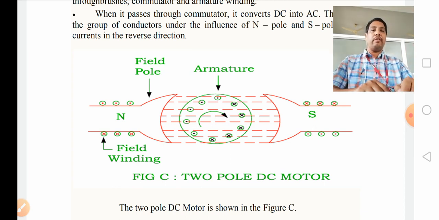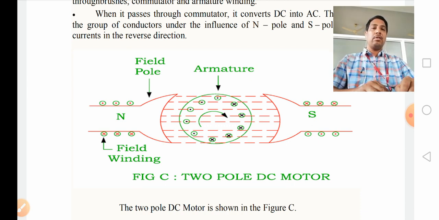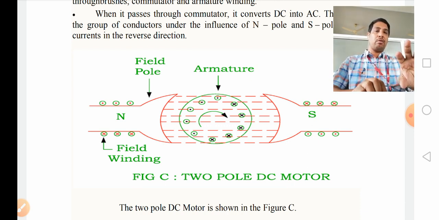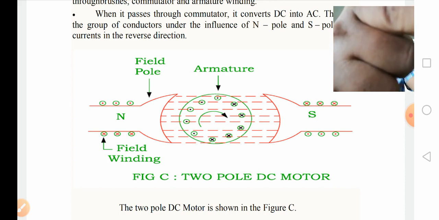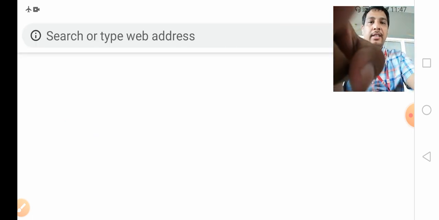Similarly, as in the example previously shown in figure B, whatever the conductor is, it should be treated as the armature conductor here. This is the rotating part. This rotor could rotate with the angular position of the magnetic field produced by these 2 stator poles, which you can treat as stator parts.